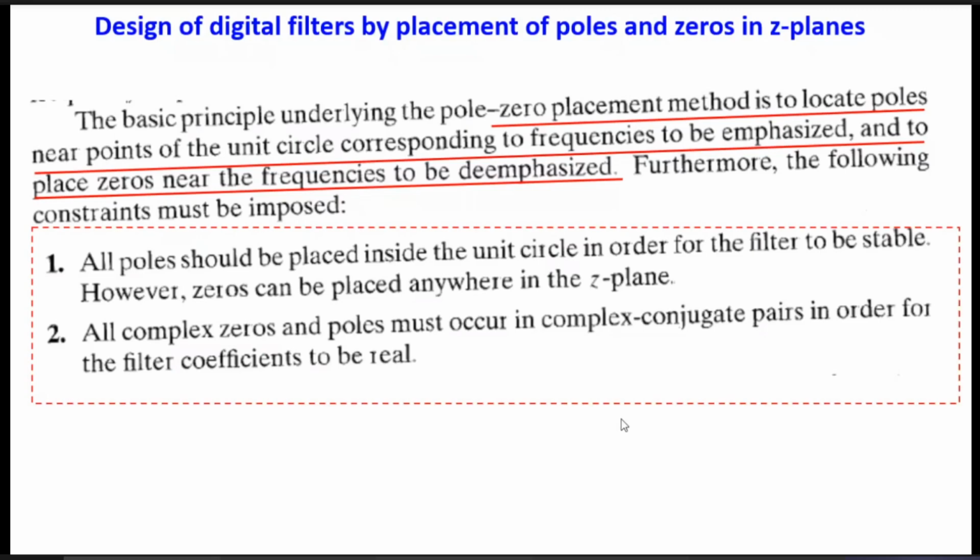You can see it is written that the basic principle underlying the pole-zero placement method is to locate poles near points of the unit circle corresponding to the frequencies to be emphasized, and to place zeros near the frequencies to be de-emphasized.